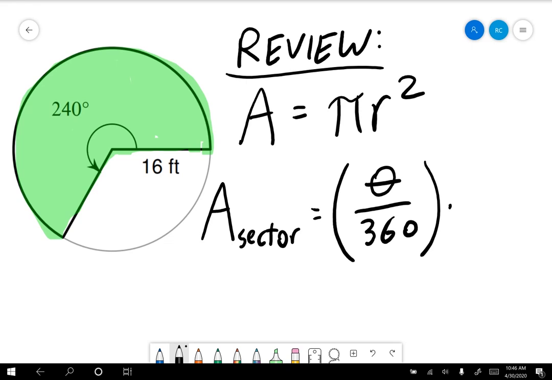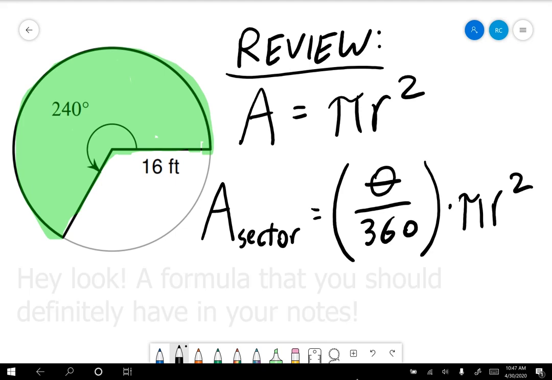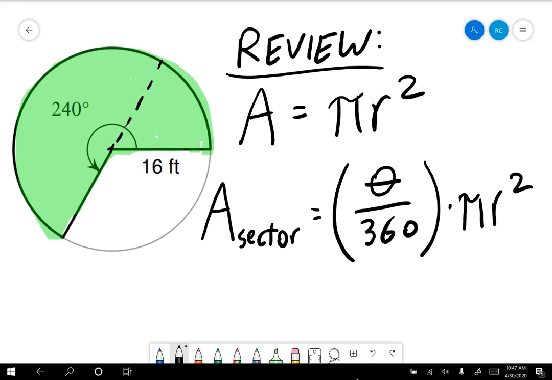And then instead of multiplying by the circumference like we did for arc length, you multiply by the area to figure out the area of the sector. It looks to me like what we've got is 2/3 of the circle, 4/6. We'll see if that ends up being the case.